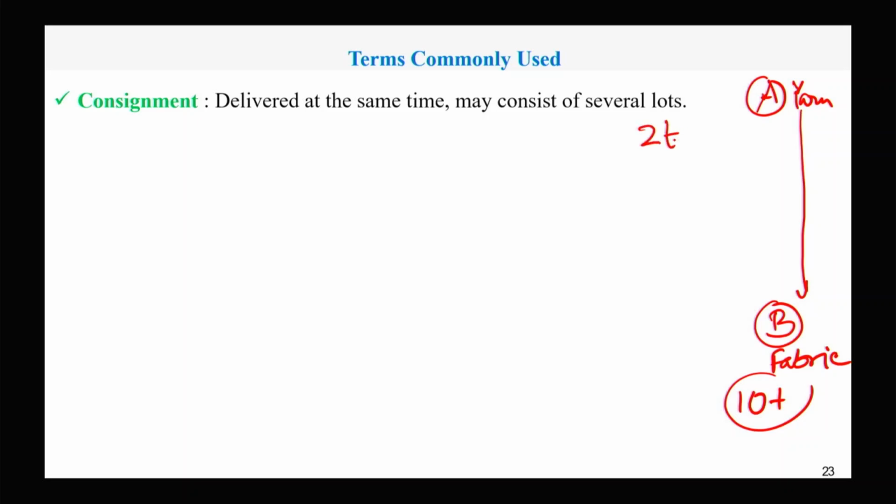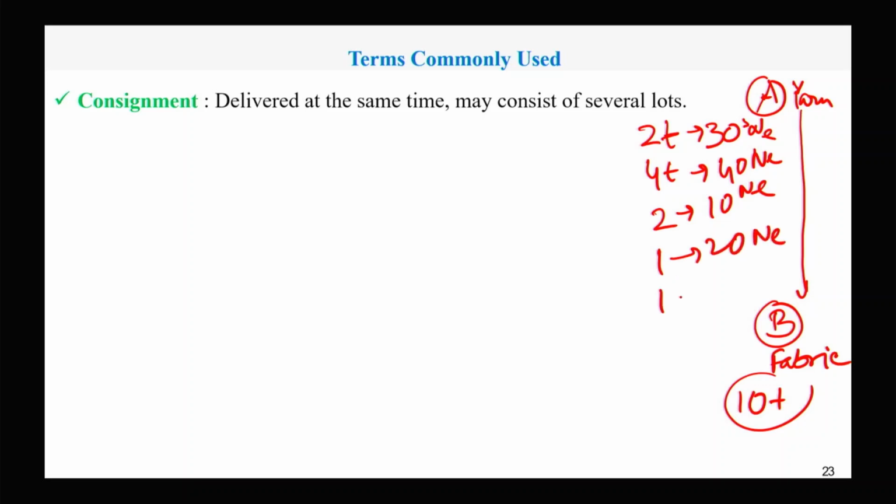2 tons of 30 count, 4 tons of 40 count, and 2 tons of 10 count, and 1 ton of, say, 20 count, 1 ton of 50 count.